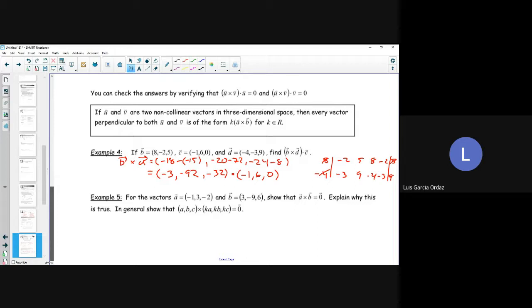Let's see what you guys get. Once you have your answer, type it out in the chat. If you're wondering what your dot product is, it's going to look like this. Maybe some of you forgot, which is okay. That's going to be -3 times -1 plus -92 times 6 plus -32 times 0.